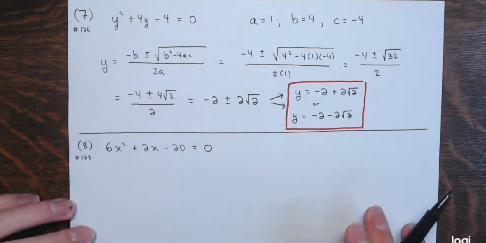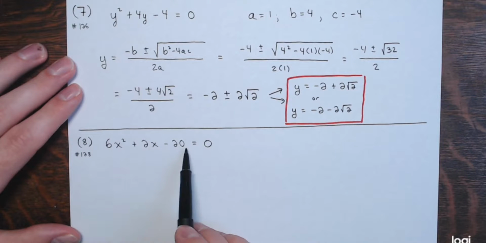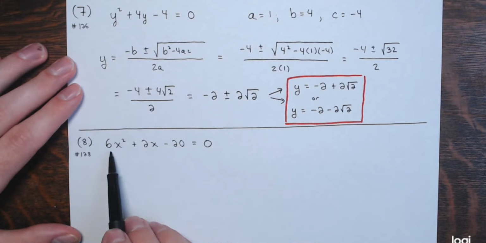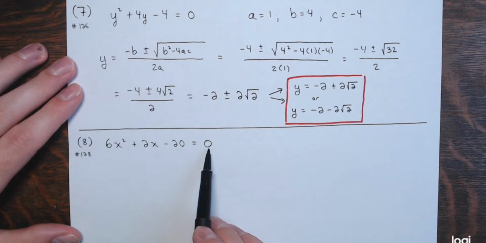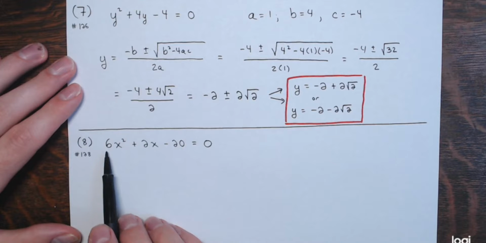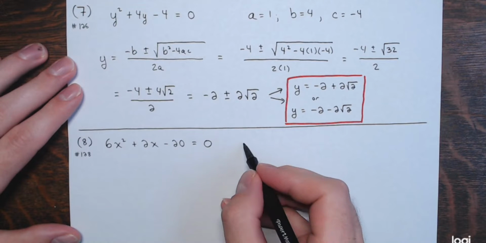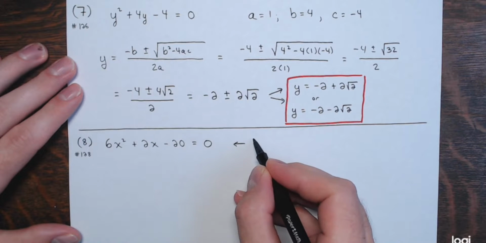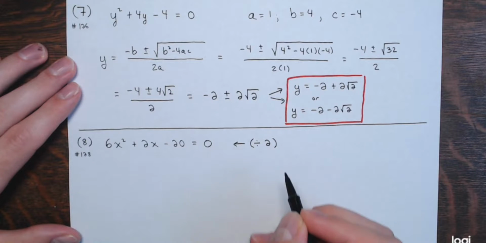All right, next question. Now, it's already in the form I want. 6x, the quadratic term plus a linear term plus a constant term equals 0. But one thing I'm noticing is that every coefficient is even. Every coefficient has a common factor of 2. So before I even get started with the quadratic formula, I want to make the numbers a little smaller.